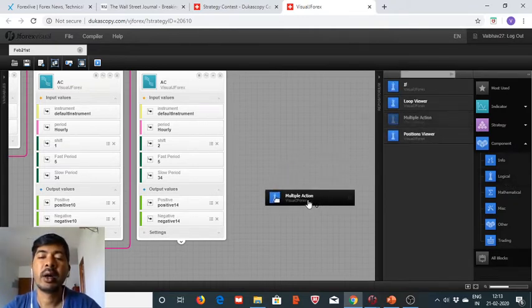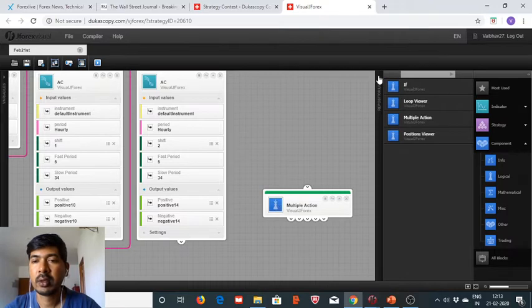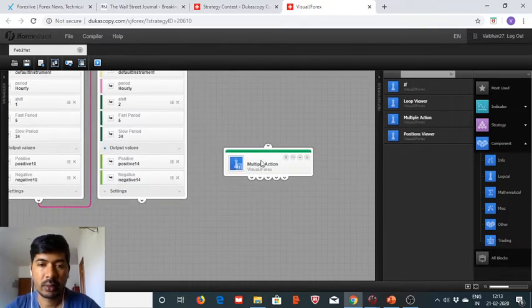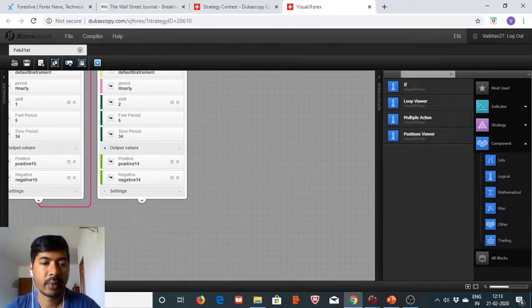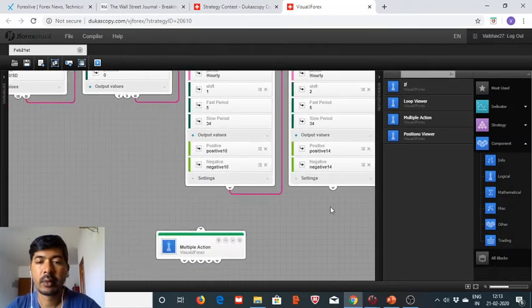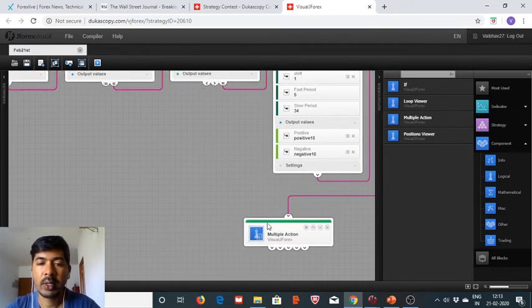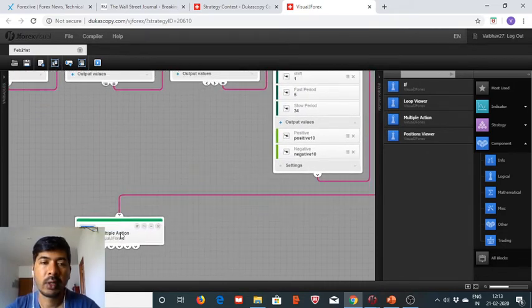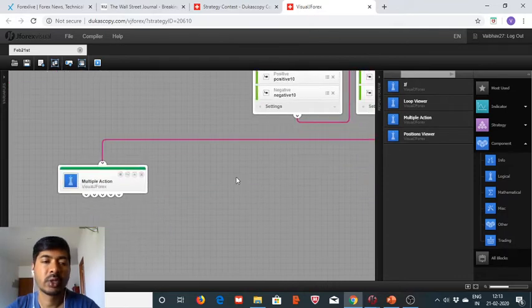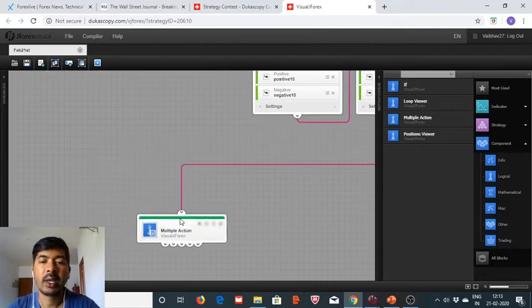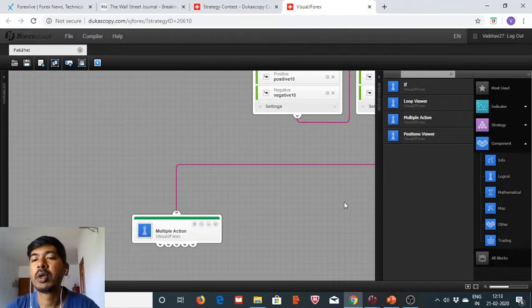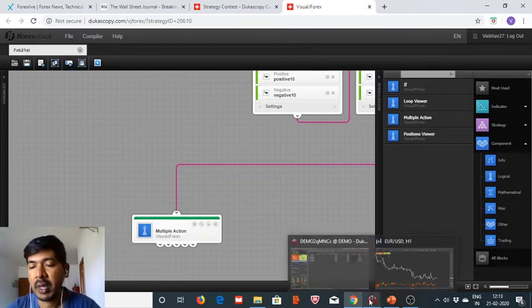So here we are, there is the logical, multiple action. And now the trade can happen two ways. Either we can open the position straight away, or we can open the position in a pending manner.